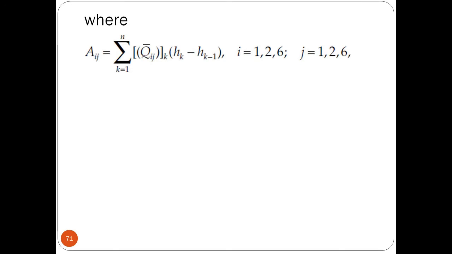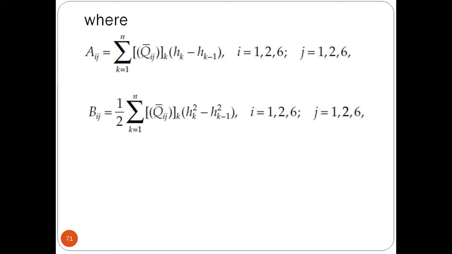As I had discussed in the previous slide, A matrix, B matrix, and D matrix. Now the A matrix can be defined in terms of the reduced stiffness matrix Q, and these have been correlated with the thicknesses of the bottom surface and the top surface of a lamina included in the laminate. I varies from 1 to 6, and J varies from 1 to 6.